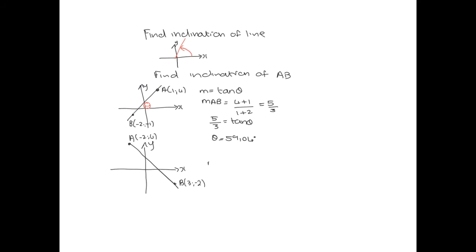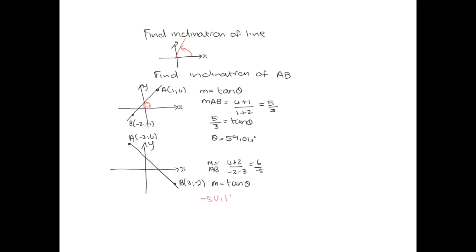So then you're going to say m of AB is equal to (4 plus 2) over (-2 minus 3), which is 6 over -5. It doesn't matter the numbers, and we're going to say m equals tan theta. And you're going to say shift tan minus 6 over 5. And you get an angle that's negative. Your calculator is going to give you an answer that looks like this.